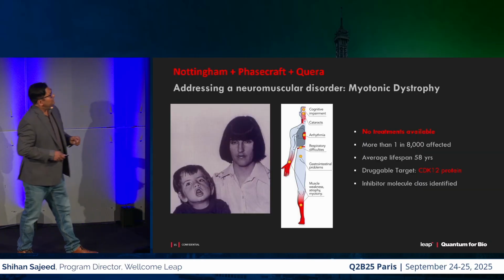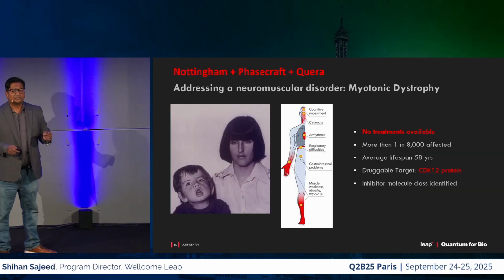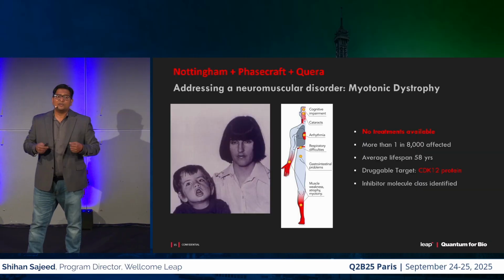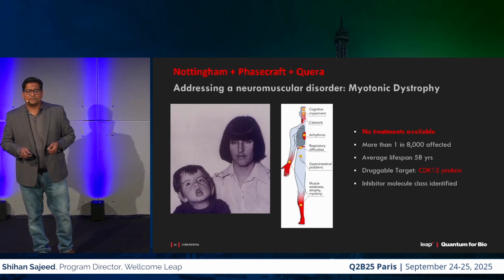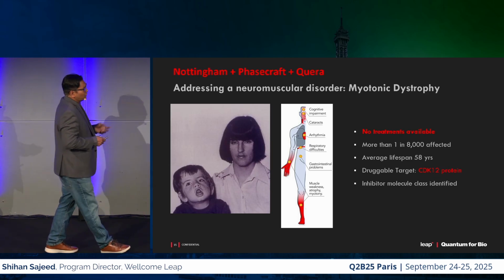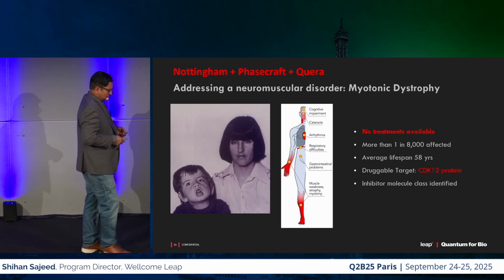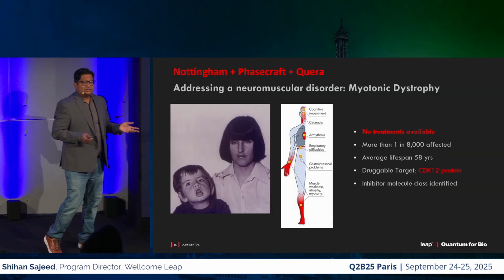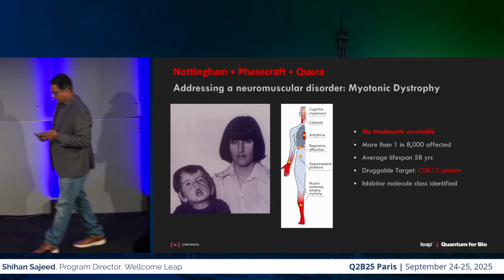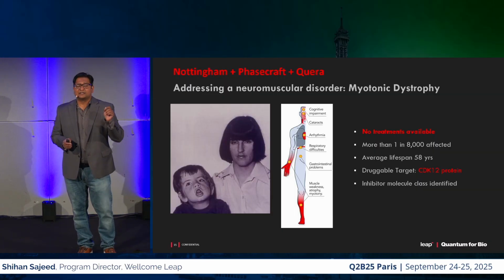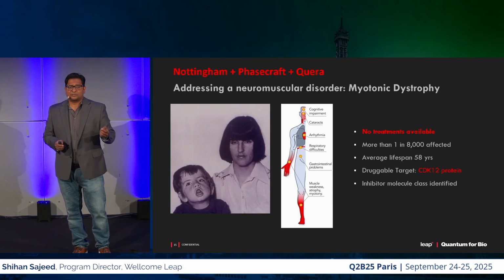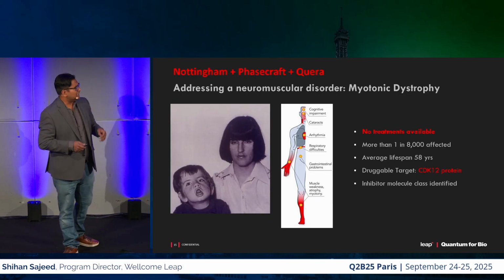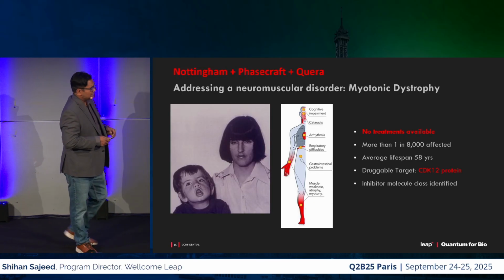This is the fourth team, Nottingham, Phasecraft, and QuEra, and they are trying to address a neuromuscular disorder called myotonic dystrophy. It is a real problem. 1 in 8,000 people are affected, and no cure is available. But the good thing is they have identified the target protein to solve this problem, and a class of inhibitor molecule has been identified.